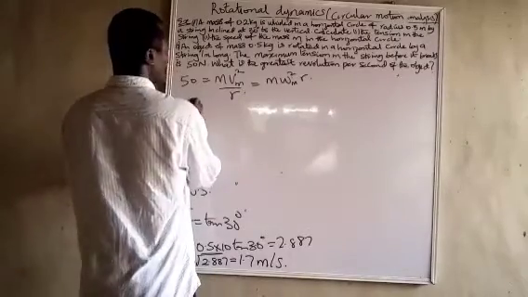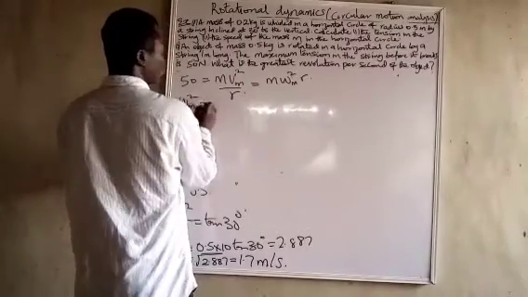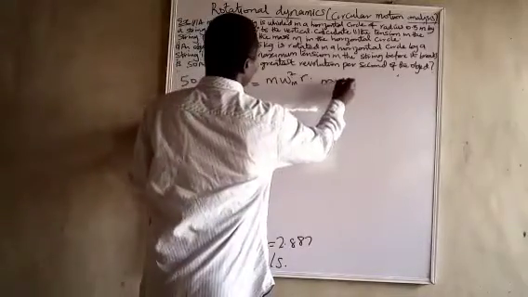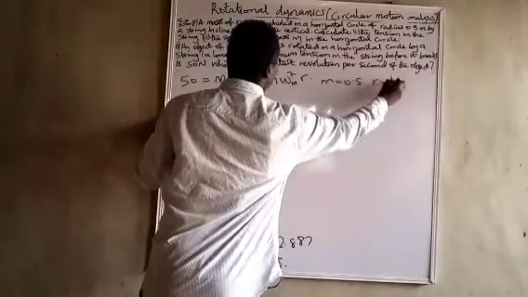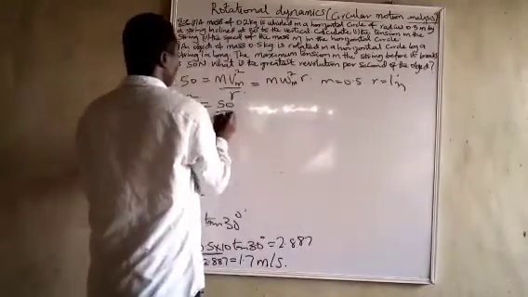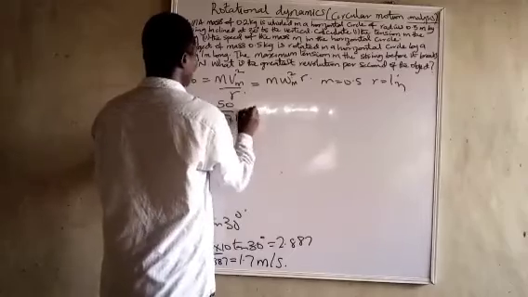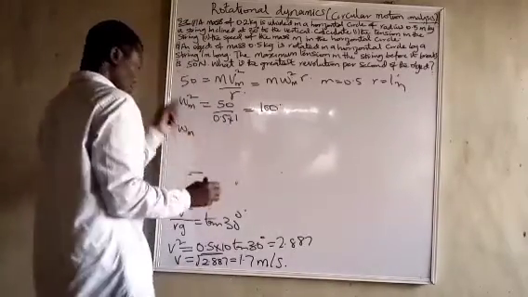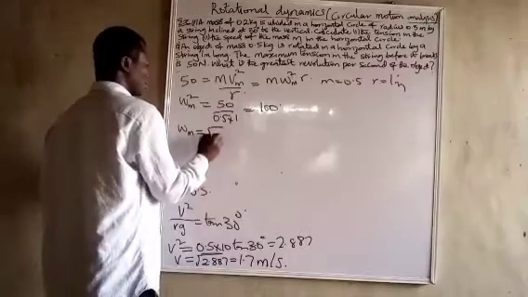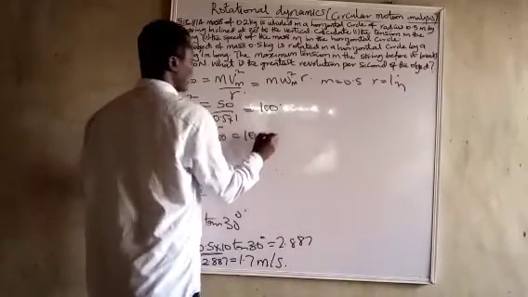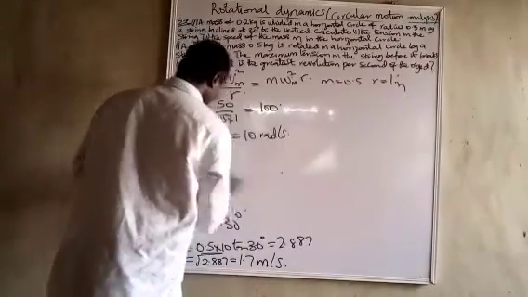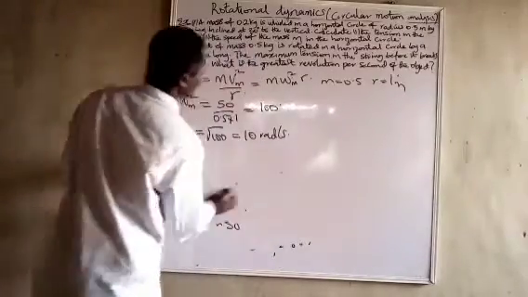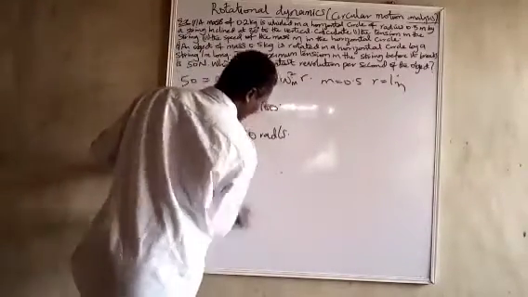So m w squared r will be equal to 50. What is our m in this instance? 0.5. r is equal to 1 meter. So w squared is 100, and the maximum angular speed is the root of 100, which is 10 rad per second. We are now asked the maximum revolutions per second.